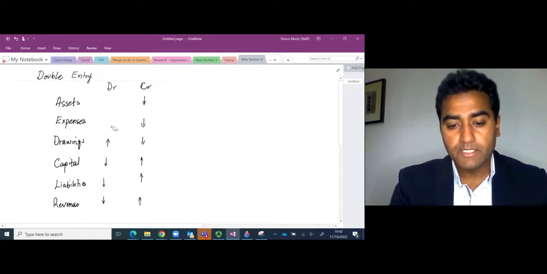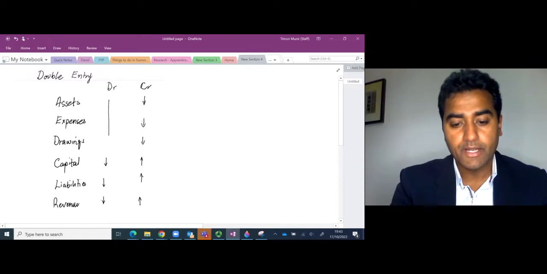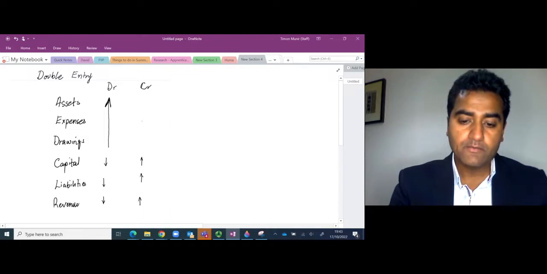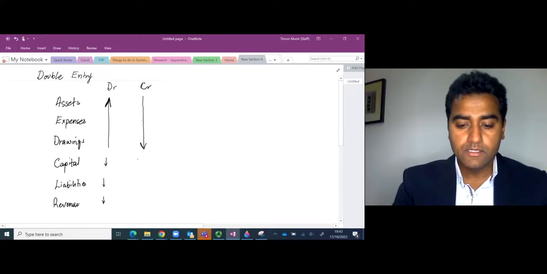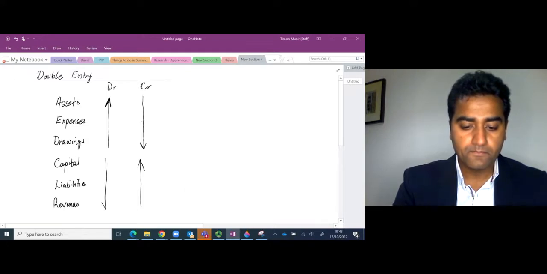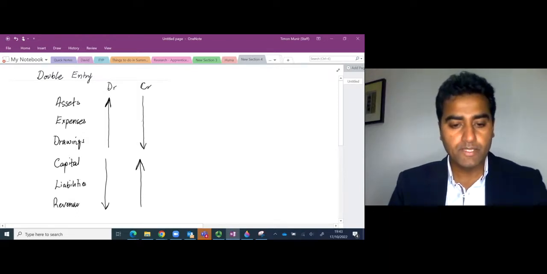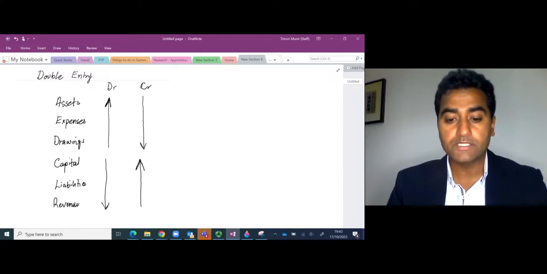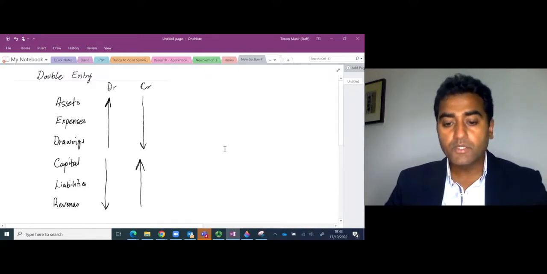The easy way to remember these arrows is if I combine these 3 arrows and just draw 1 arrow, and if I combine these 3 arrows and there's just 1 arrow, so you can see the first 3 pillars or first 3 natures, whenever they increase they are always debit, and when they decrease they are credit. Now I'm going to go through an example with you and show you how this technique works.